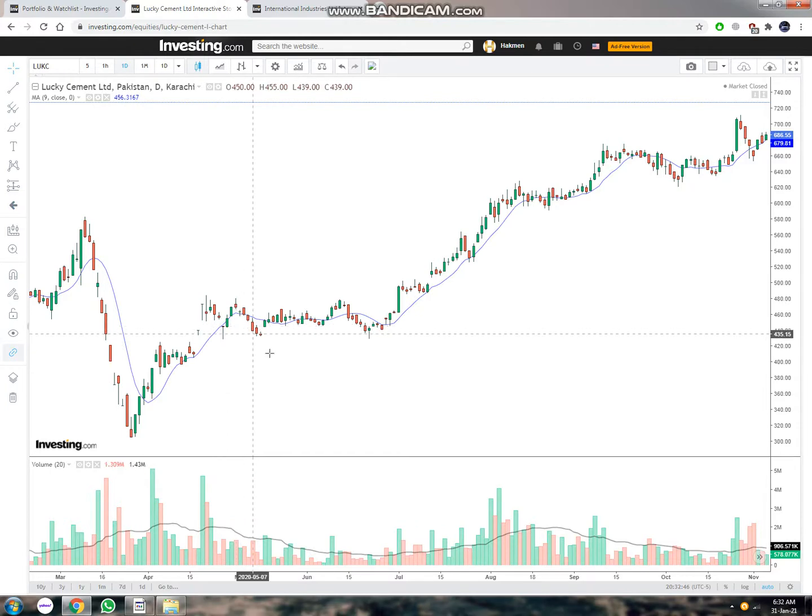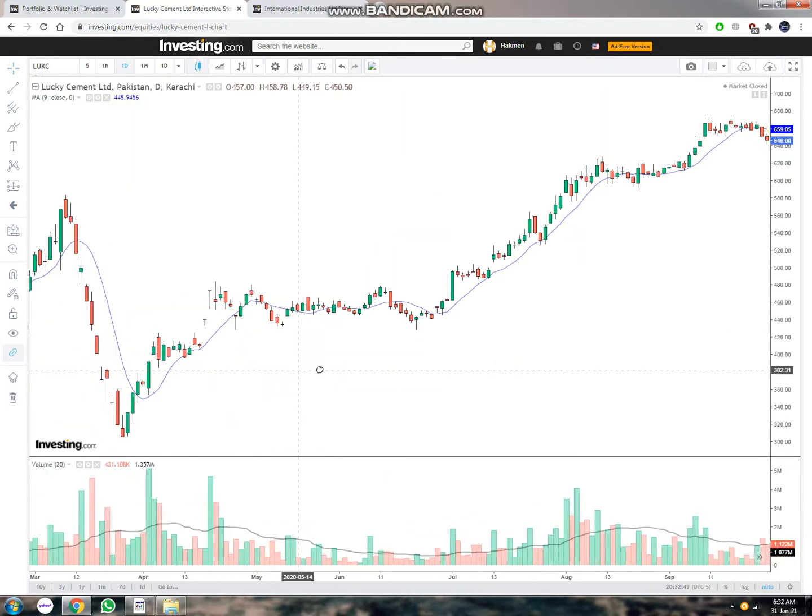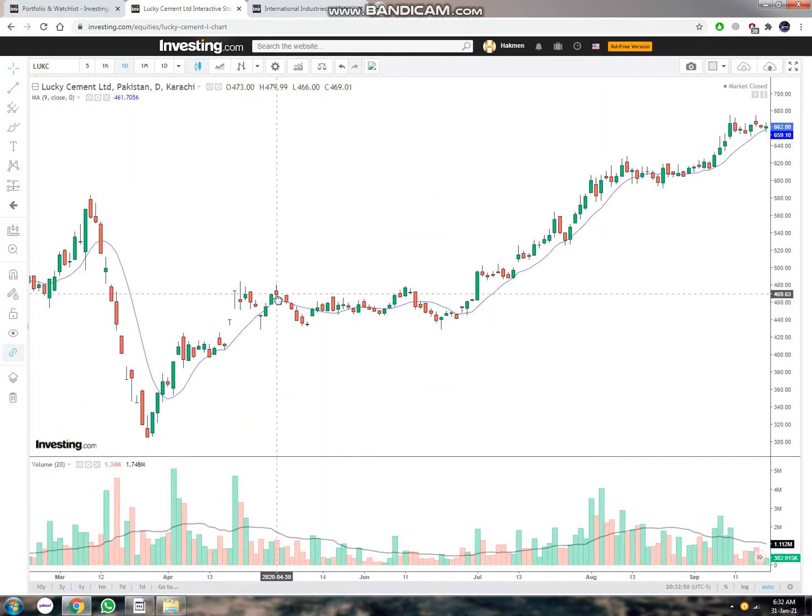And the other drawback is that, let's say you have bought at this level, it comes down quickly and goes up again, because a trend is like this. Stocks work like this: come down, up again.